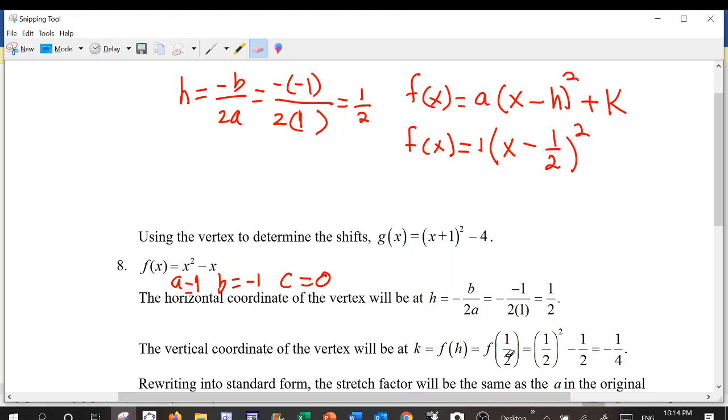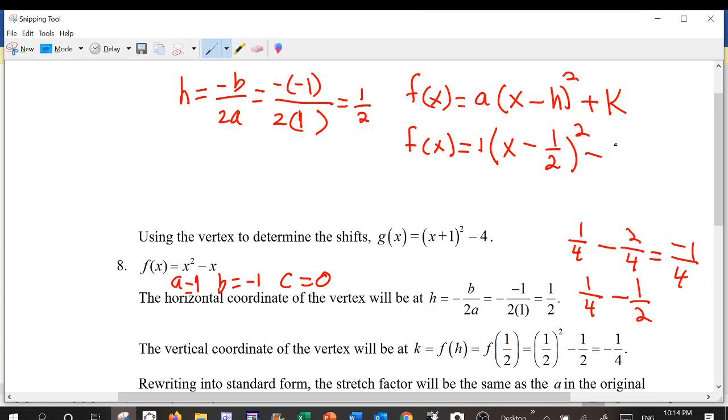What do we get? f of 1/2 is 1/2 squared minus 1/2. 1/2 squared is 1/4 minus 1/2. And so 1/4 minus, multiplied by 2 to get the same denominator, so that's 2 over 4. You write the denominator and subtract the numerators. 1 minus 2 is negative 1.